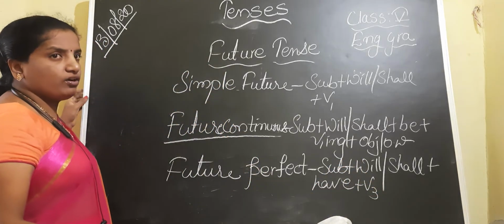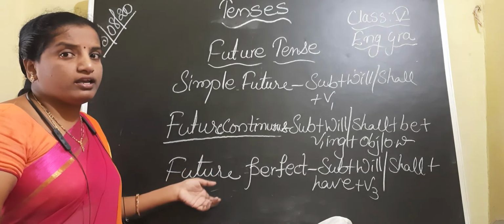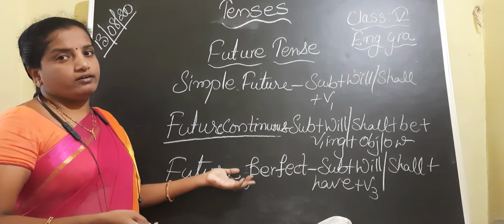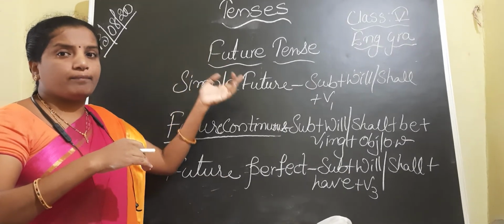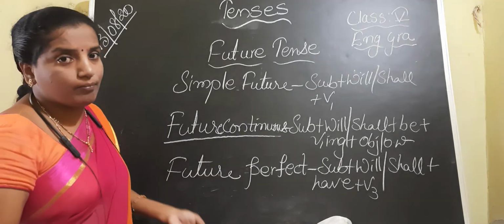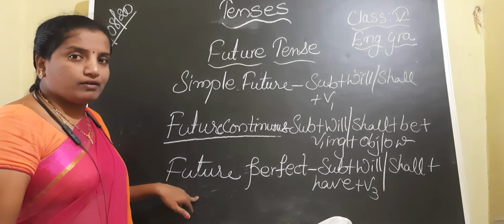He will have worked here for 10 years. See, the action which started in the past and it is going to finish after the time of the speaking is denoted by future perfect tense.